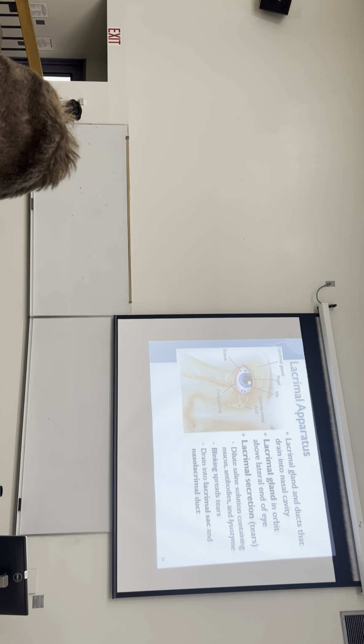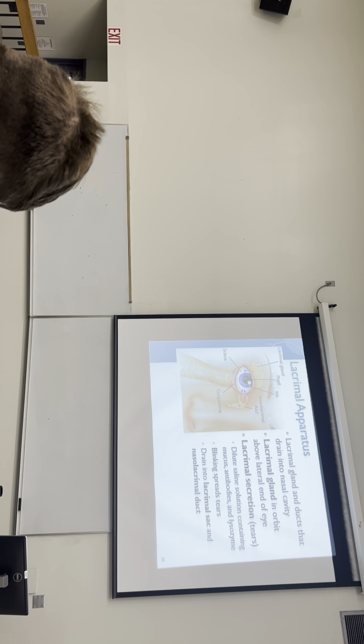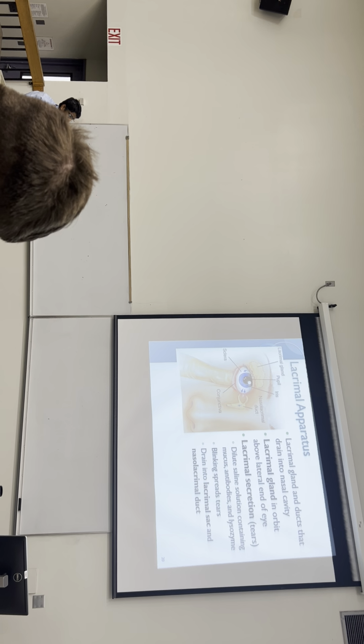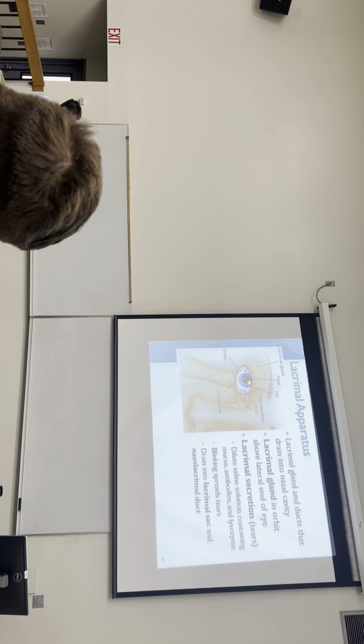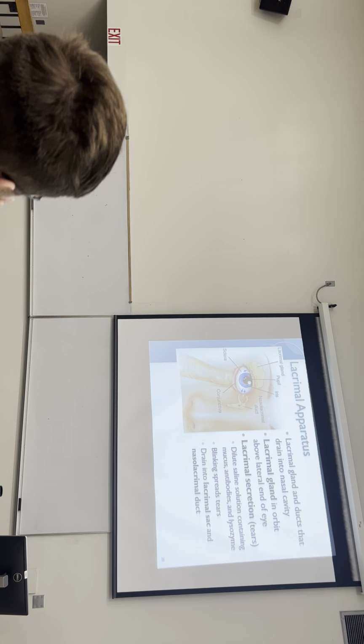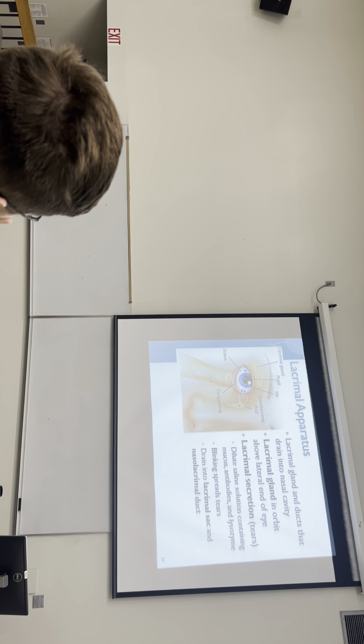That's where the lacrimal sac and the lacrimal duct are. Some people have a blockage of these ducts, which causes them to tear all the time. It's not necessarily because they're producing more tears, it's because the drainage is not coming out. We can try to dilate it, and sometimes we do a bypass.